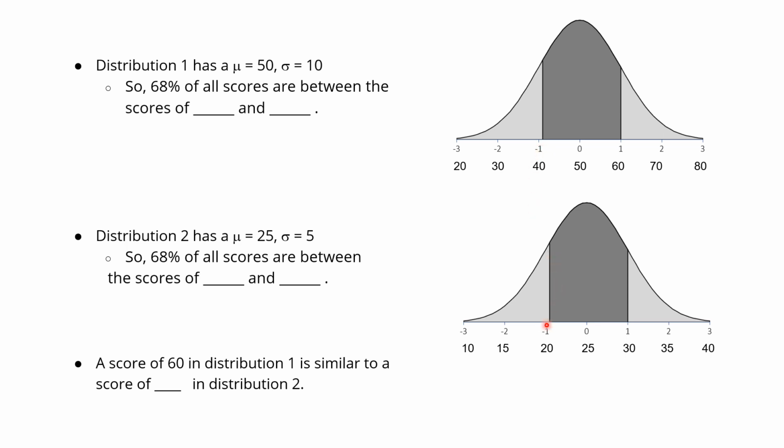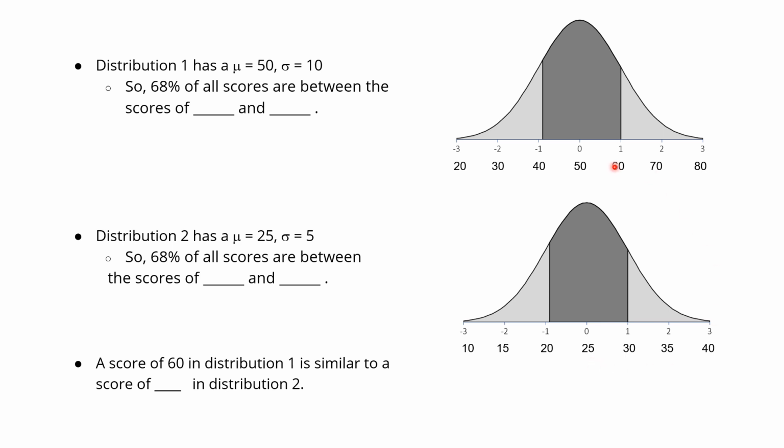We have another distribution down here with a mean of 25 and a standard deviation of 5. So we can see that 68% of the scores then would be within 1 standard deviation of the mean, right? So 1 standard deviation above the mean is 30, and 1 below the mean is 20, if we have a mean of 25 with a standard deviation of 5. Right?